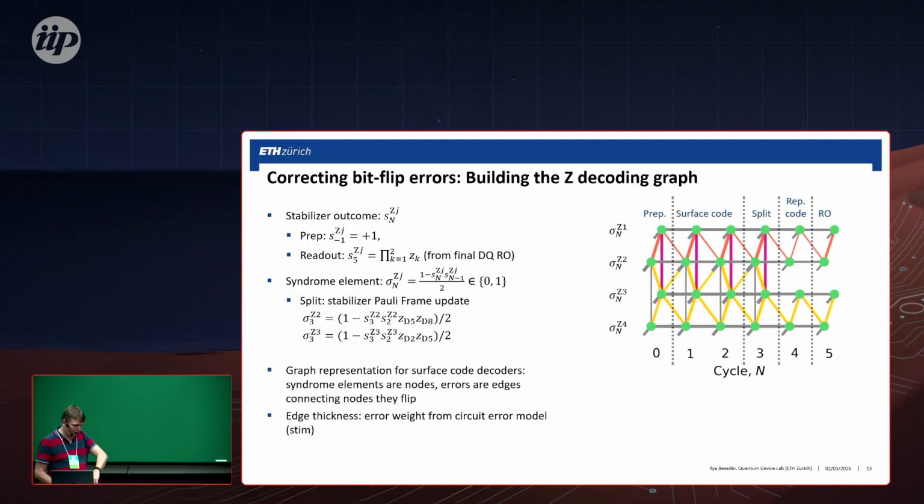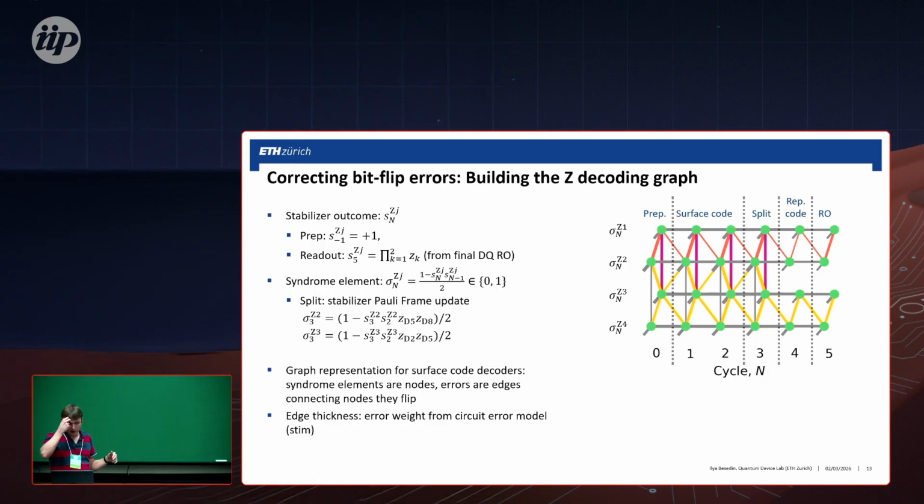Now, one nice property of surface codes is that if an error occurs in a data qubit or an auxiliary qubit or during a gate, this at maximum triggers 2 syndrome elements to flip. So you can represent any error as an edge on a graph where the nodes are syndrome elements, and the edges are essentially errors.